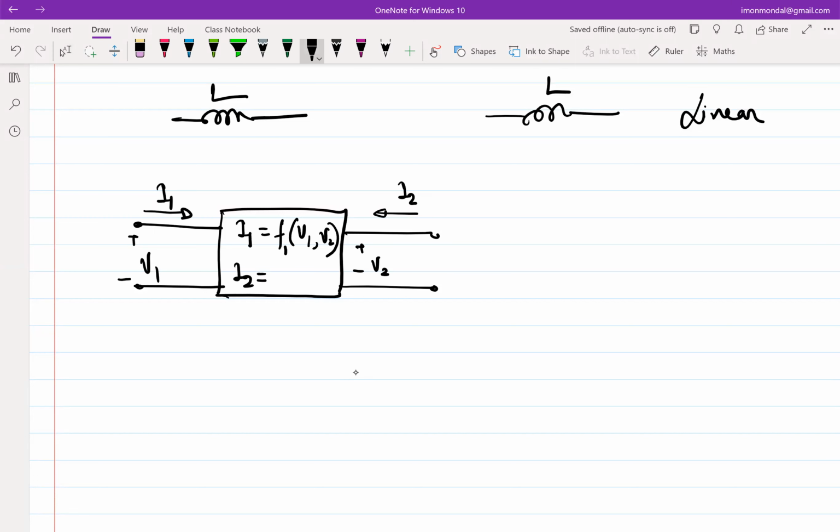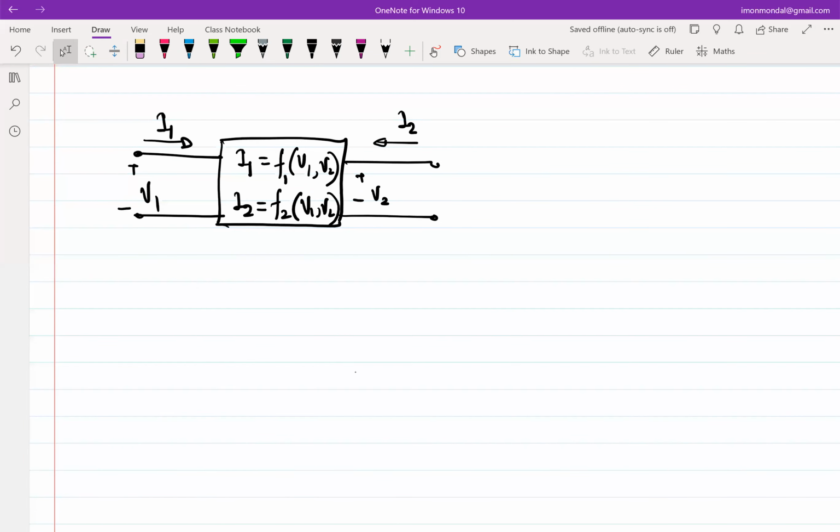The output port current is some different function of V1 and V2, right? And we seek to find out what is the relevant model of this generic nonlinear network that is helpful for our analysis purposes, just like we did for one single element or one single loop. So in this case, let's assume that I have two ports. What is the way of analyzing this and going about this?